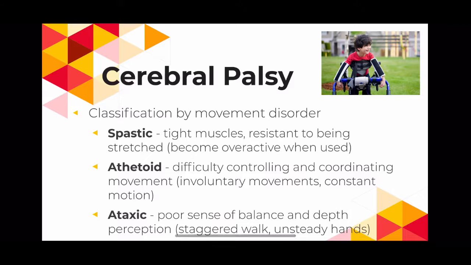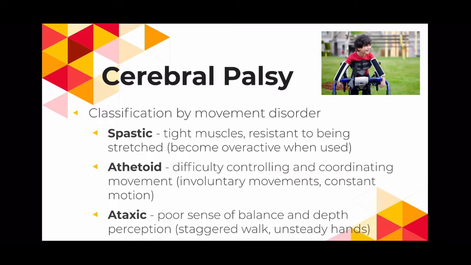We can also classify CP patients by their movement disorder. So there are 3 classifications under this category, and none of these are on your word list. So the first one is spastic movement disorders. These occur in CP patients that have naturally tight muscles that are very resistant to being stretched.